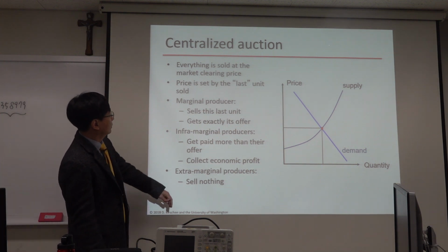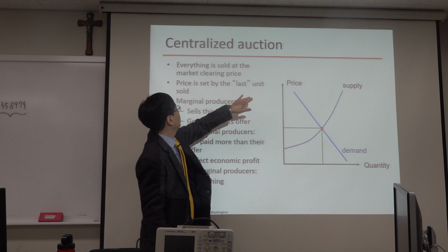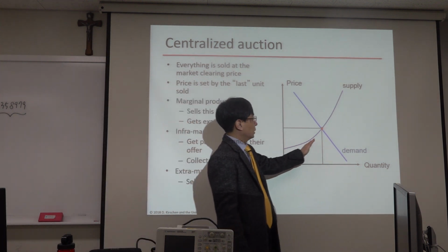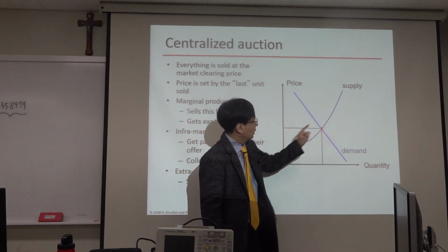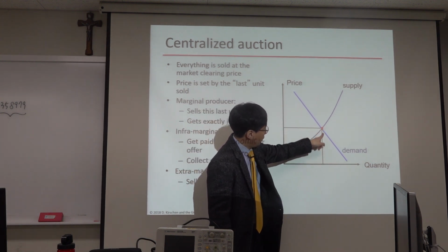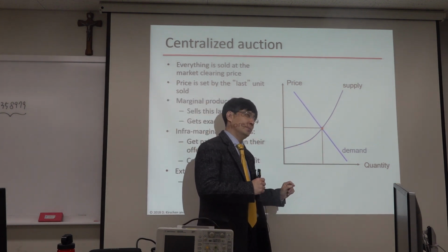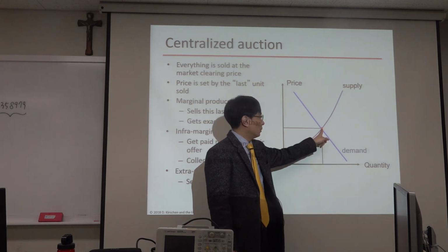So yeah, from the producer's perspective, the price is set by the last unit sold. What does that mean? This is the marginal cost function, and this is the price. And that means at this quantity, that's the marginal cost.